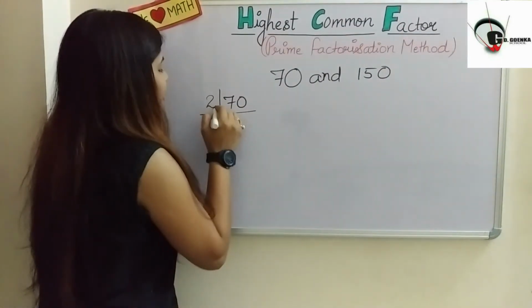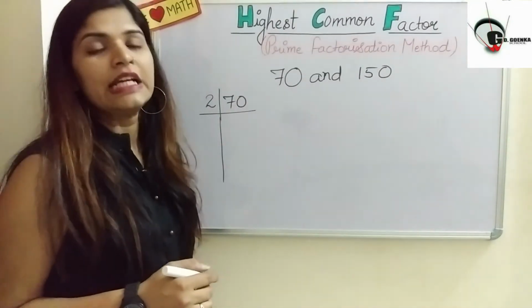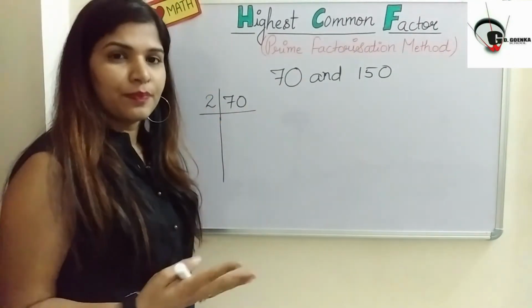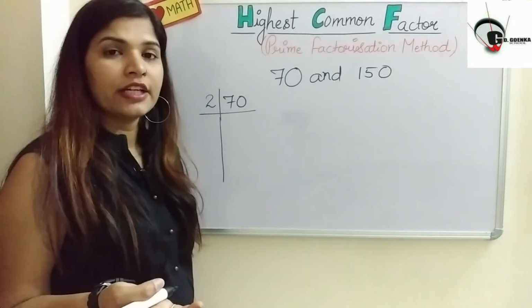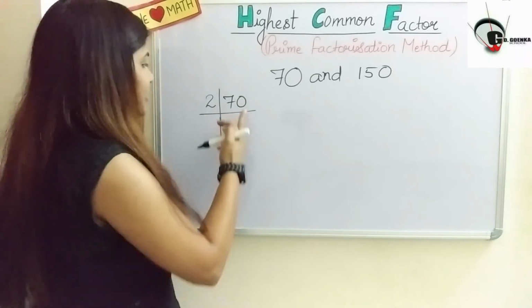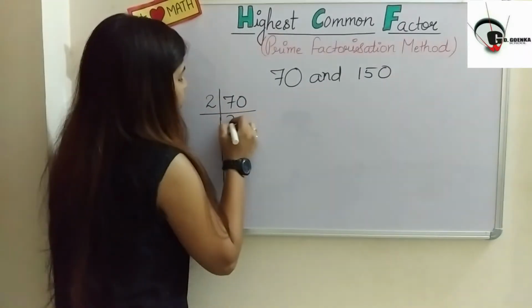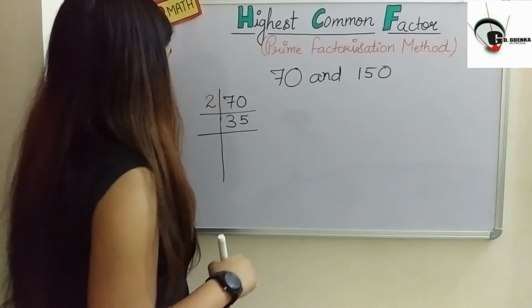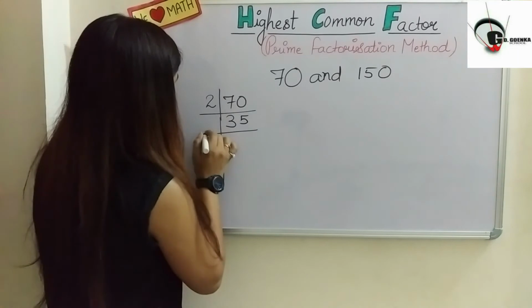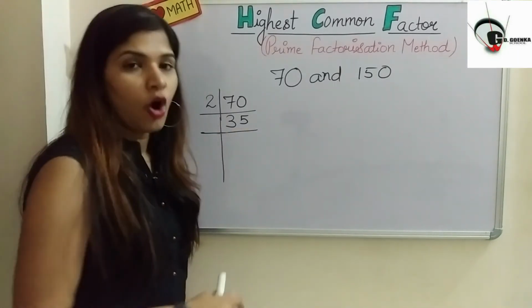And of course it will be divisible by 2, because what is the divisibility rule of 2, children? That the digit at the ones place should be an even number or 0. As we have 0, it will be divisible by 2. So 2 35s are 70, and can we divide 35 by 2? No, it won't be divisible by 2 because it is an odd number.